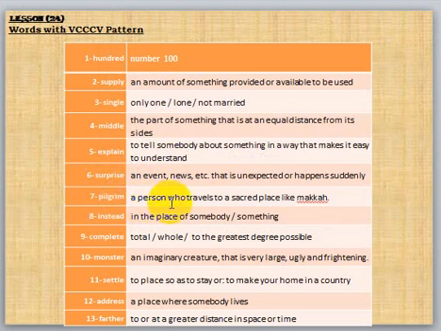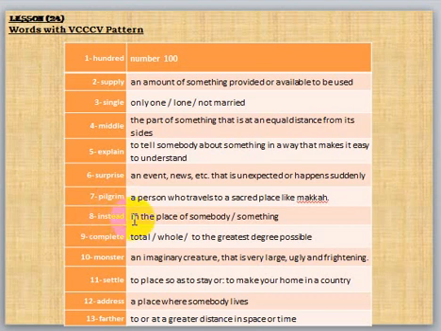Pilgrim, a person who travels to a sacred place like Mecca. When you go for al-Hajj or Umrah, you are called a pilgrim. You are a pilgrim, means you go to Umrah to perform Umrah.